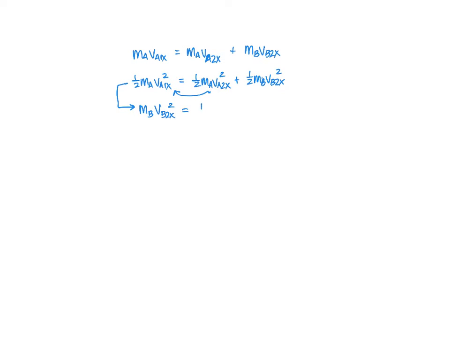And so I have ma va 1x squared minus va 2x squared. And if you remember your algebra, that's the difference of squares, so I can factor that out.